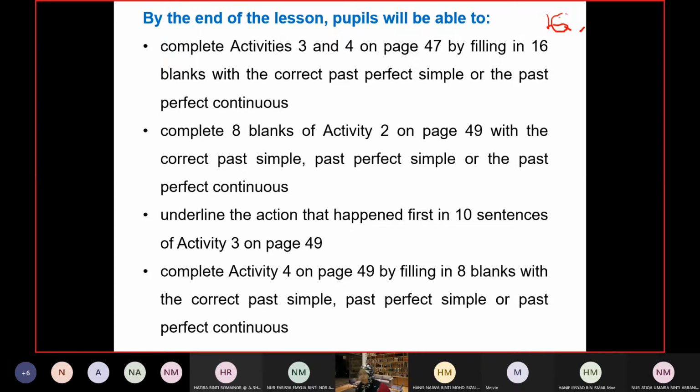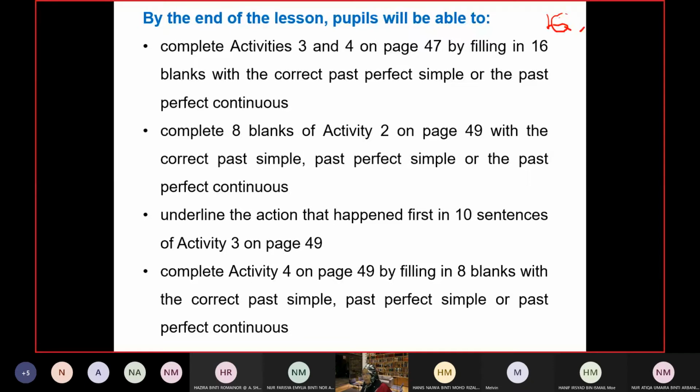Alright, finally, we use past perfect continuous for an action that finished before a particular time in the past and had a result that we could see. Okey, ni pula perbuatan yang habis, yang kejadian yang telah tamat sebelum sesuatu waktu yang telah dinyatakan pada masa lepas dan hasil daripada perbuatan tu ada akibatnya.